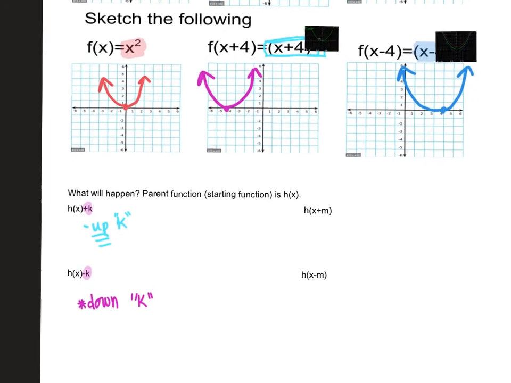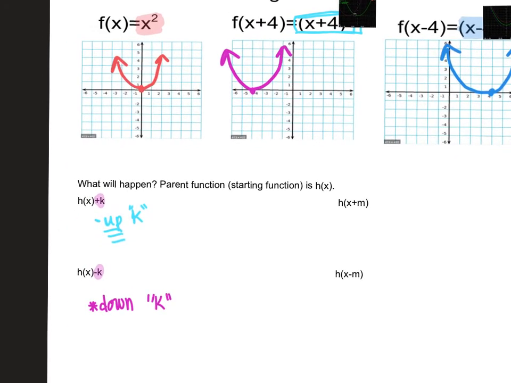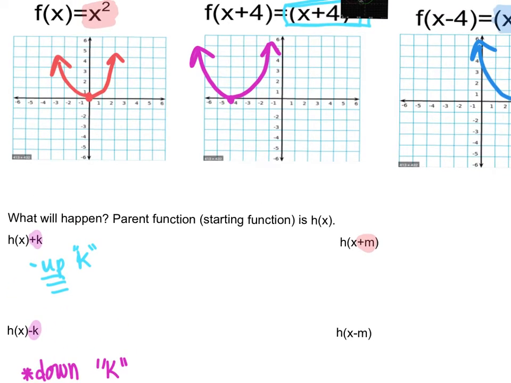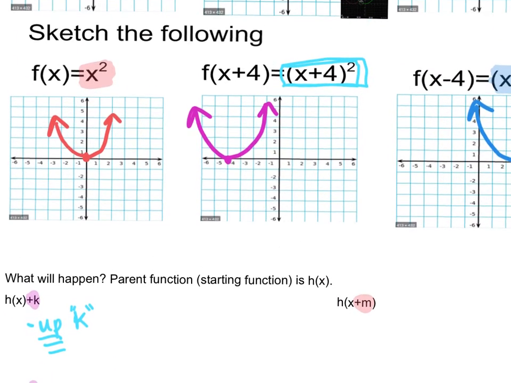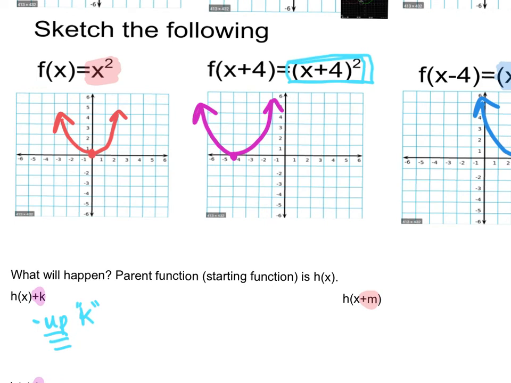And then we look here and we have plus m on the inside. So here, looking at the bottom middle problem, we have plus 4 on the inside of our parentheses. So when I talk about inside, we are doing the inside of our parentheses.